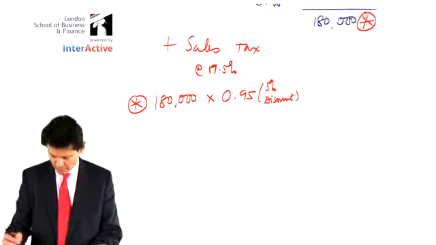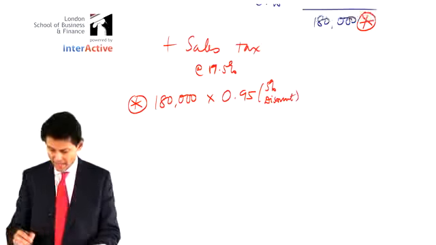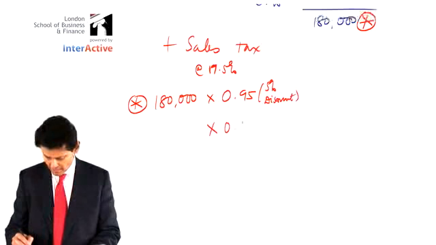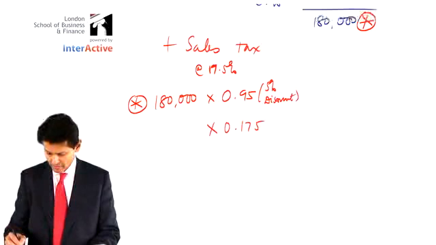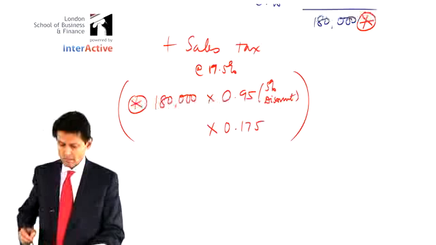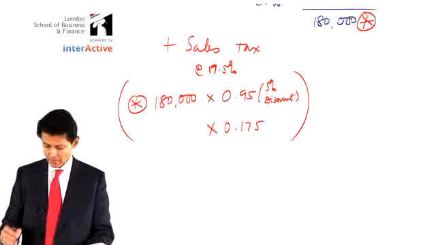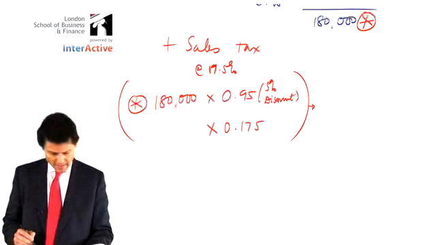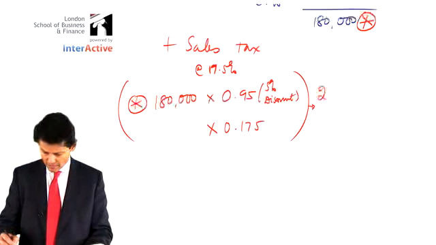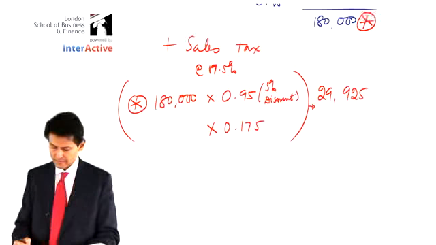So that's discounting it by taking 95%. And then that answer, I'll multiply by 0.175, or 17.5% if you prefer. Putting that into a calculator, I believe that answers 29,925.